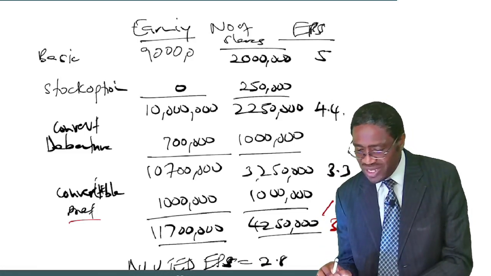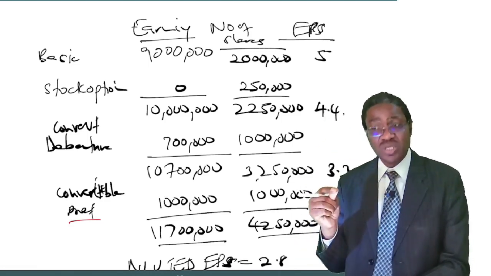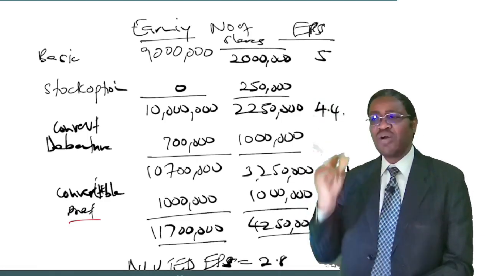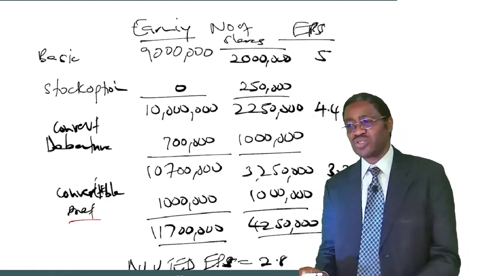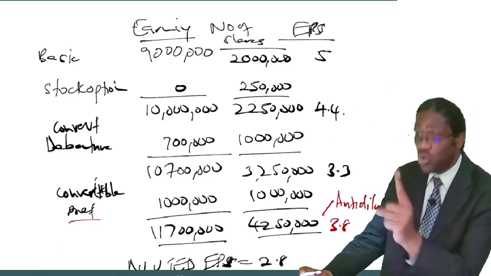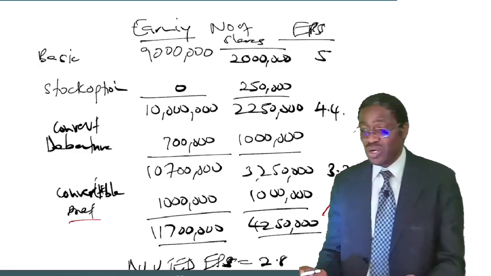But your number of shares has not changed. It's still 2 million. But for purpose of dilution, you use the earnings attributable to ordinary shareholders from continuing operations only. That means you exclude profit from discontinued operations.